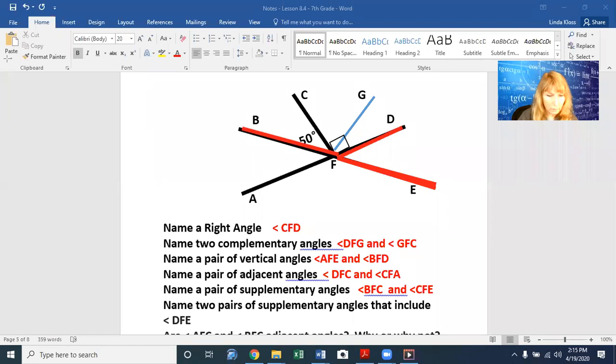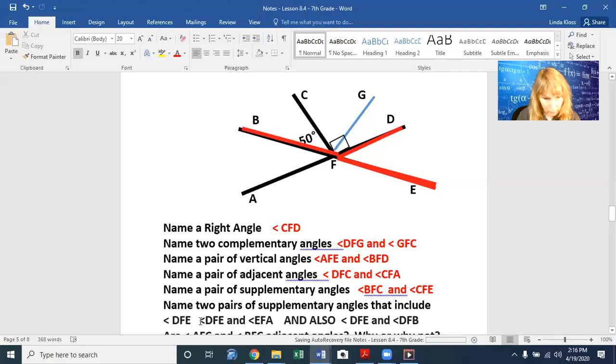So we can name two pairs of supplementary angles. We could say angle DFE and angle EFA, and also angle DFE and angle DFB.